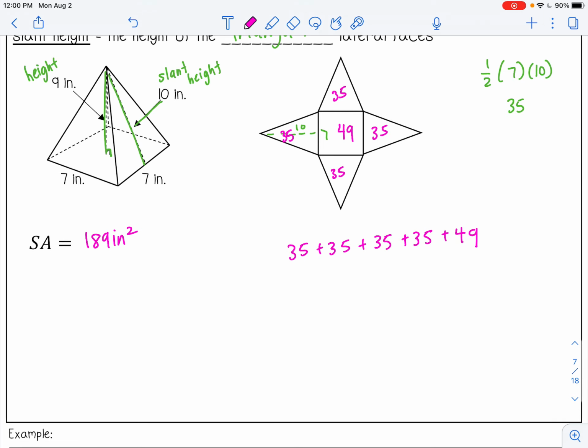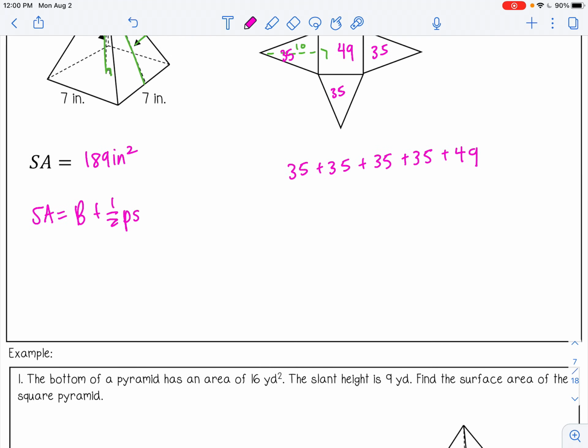There is a formula that you can use as well. Base plus 1/2 PS. So let's talk about what these mean. The big B stands for the area of the base. So in this case, that will be 49, the area of that square base.